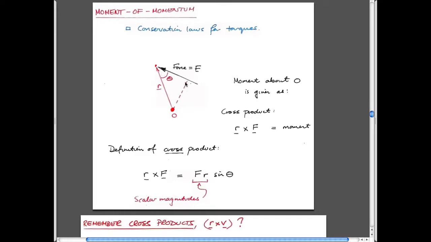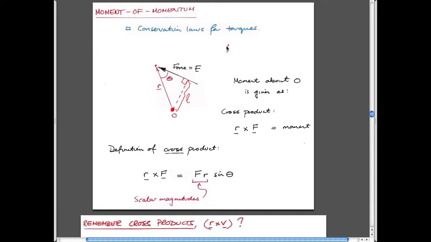We need to take the lever arm where the force is at 90 degrees to it. So although the force acts through this point with this lever arm, to uniquely define the moment, we need to have it act through this length here.